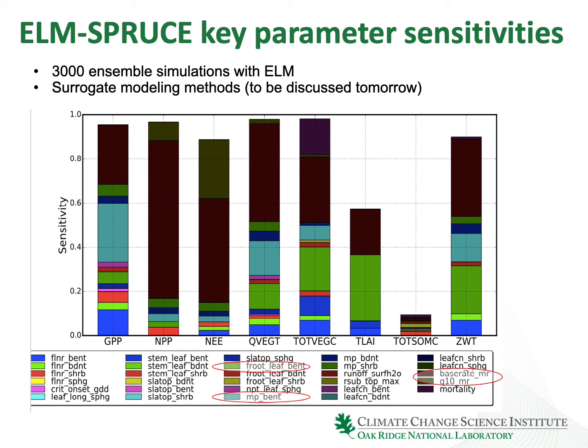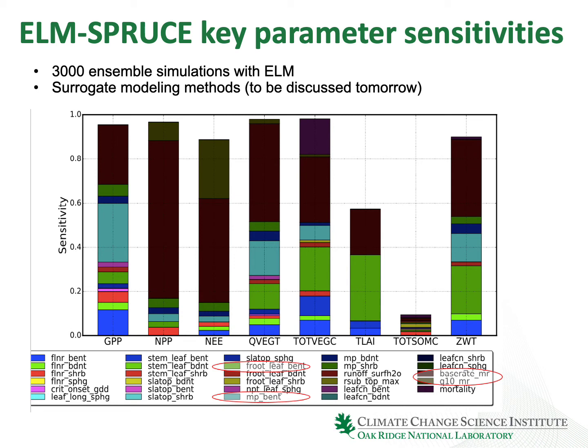And so this sensitivity analysis shows, for example, the first variable there, gross primary productivity, or GPP, the relative influences of individual parameters on that output. And so on the bottom, the blue is the FLNR, which stands for fraction of leaf nitrogen in Rubisco. It's a strong control on VCmax, or photosynthetic uptake.